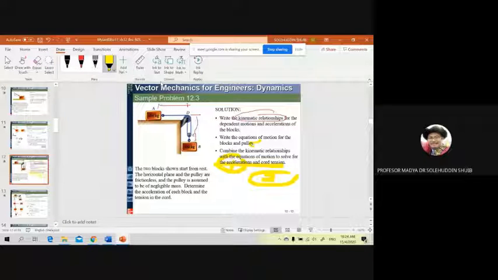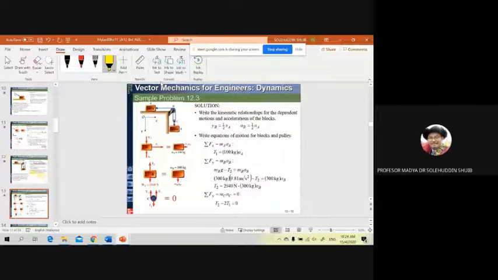The main thing to understand is the free body diagram. Looking closely, you can see how they put the datum here.